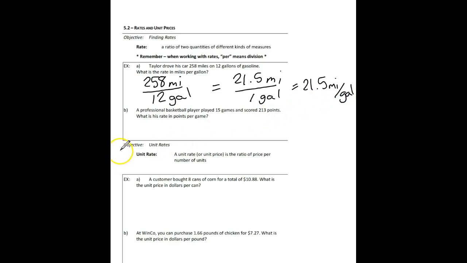Okay. The second one, a professional basketball player played 15 games and scored 213 points. What is his rate in points per game? And again, remember your rate should tell you which one gets divided by which. So points per game, points divided by game. So in this case, I'm going to take 213 points and divide by 15 games.